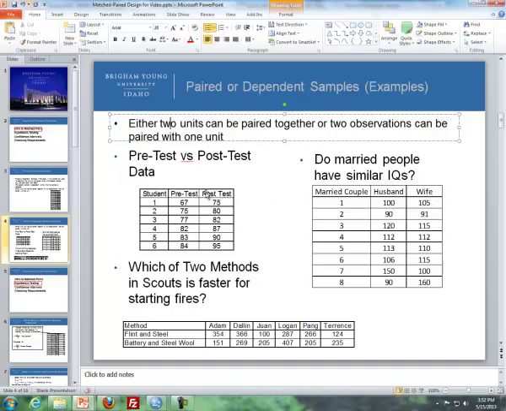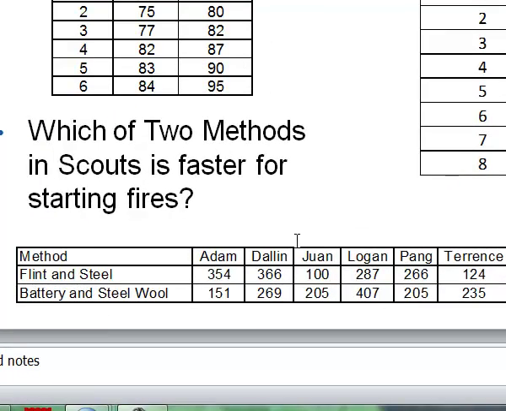Okay, now we could have matched pairs or dependent samples if two observations can be paired with one unit. I have two examples in this case in this slide, where if there's 6 students selected in our sample, and we want them to take a pretest and a post-test for a given class, well, these are two measurements, pretest and post-test for one unit, in this case of students. Okay. Another example is, which of two methods in Scouts is faster for starting fires? And I should add, without using a match.